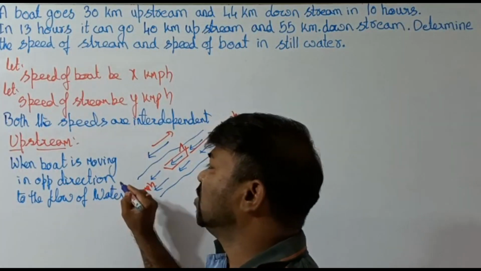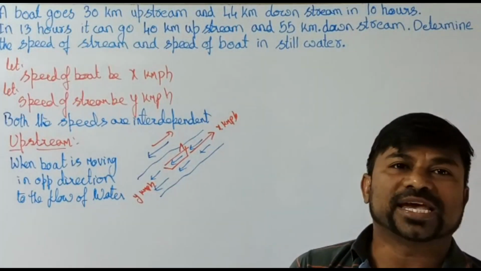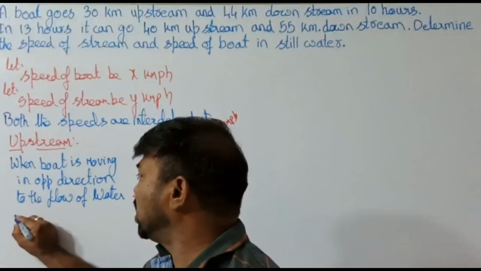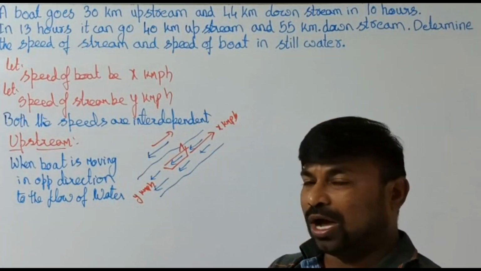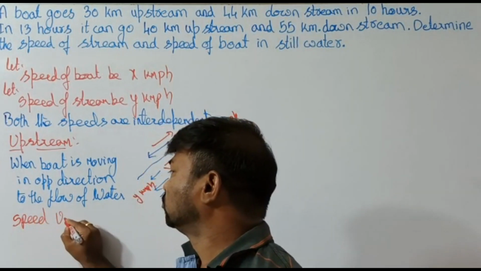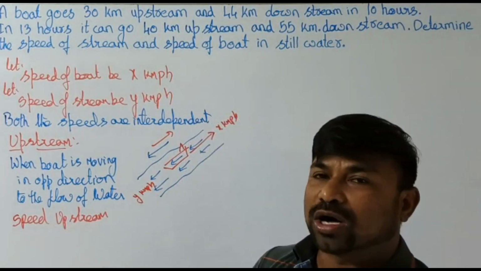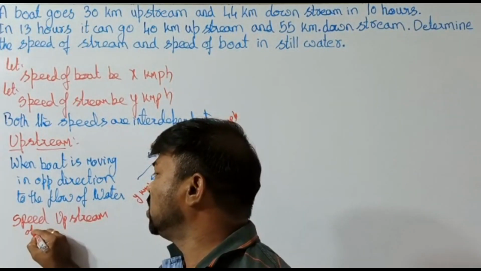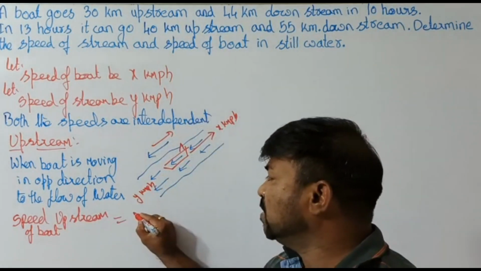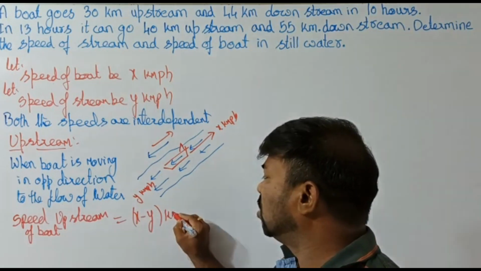If the boat is moving opposite to the direction of the water, then we say it is upstream. Then speed upstream, speed of boat upstream, obviously, will be x minus y kilometers per hour.